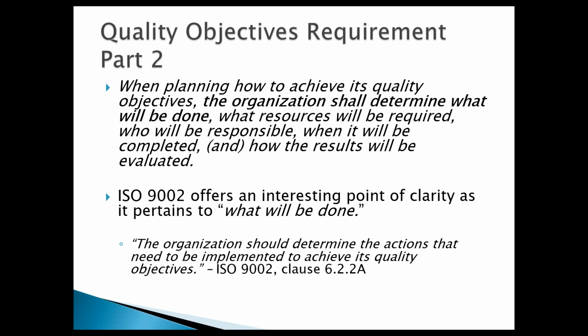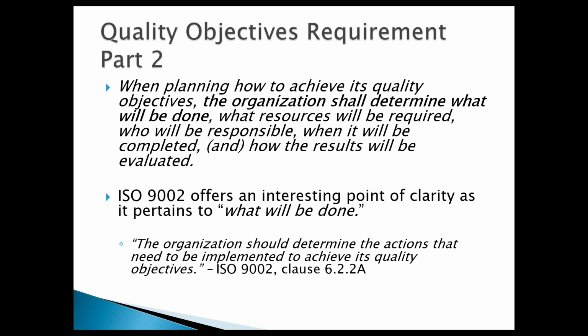The second part of the quality objectives requirement says that the organization needs to determine what will be done, the resources required, who's responsible, etc. And I like to point out from ISO 9000, there's a clarification on what they mean by what will be done.